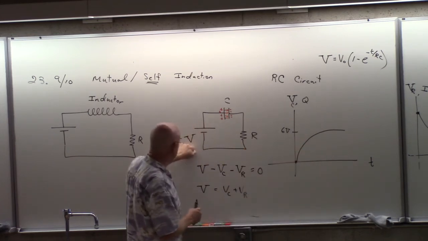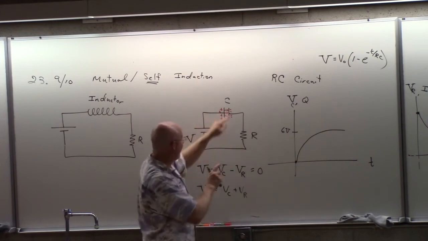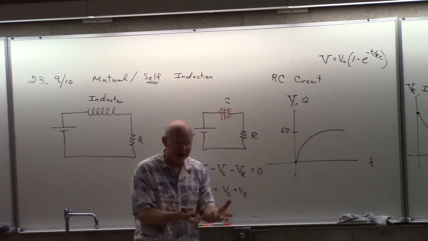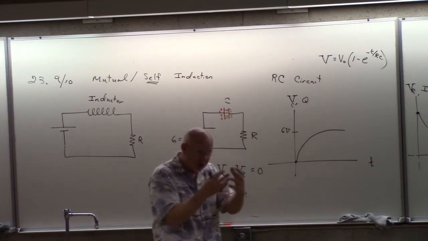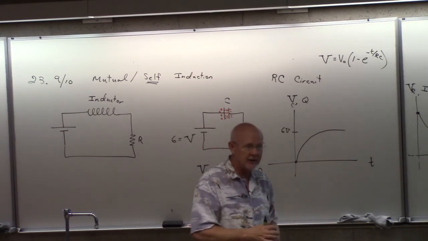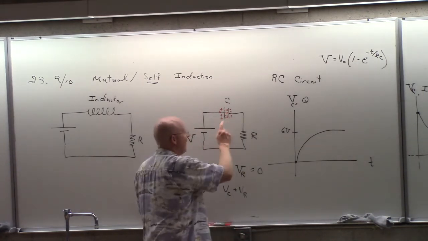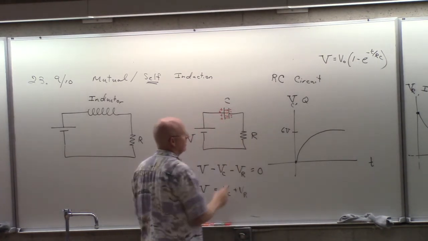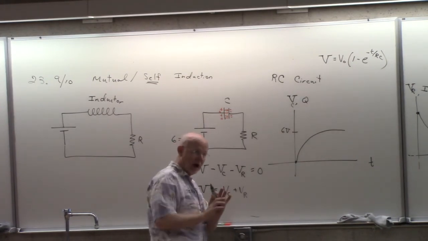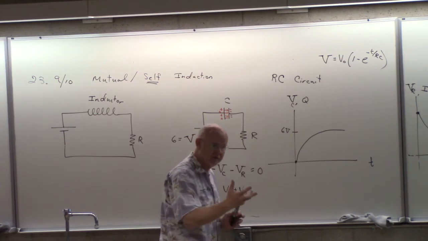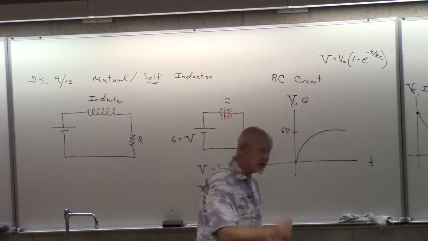This battery is trying to send current out to the capacitor, but the capacitor is building up its own electric field, which opposes more electrons from coming to it. And that capacitor, like I said, is having an opposition to the current based upon the electric field. And the electric field comes from charges.